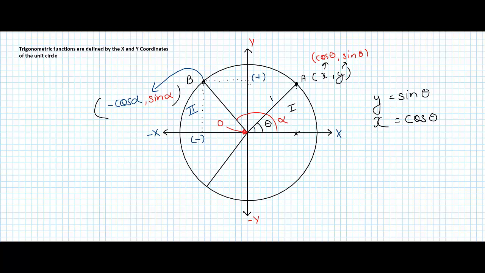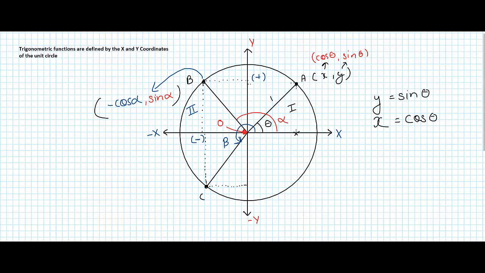Now let us draw another line, and let us say that this line makes an angle beta with the x-axis measured counterclockwise. Let us call this point C. So again, the x and y coordinates of this point C are going to be the trigonometric ratios themselves, but now we can see that the x coordinate of this point C is going to be negative because it lies on the negative x-axis, and the y coordinate is also going to be negative because it lies below the x-axis.